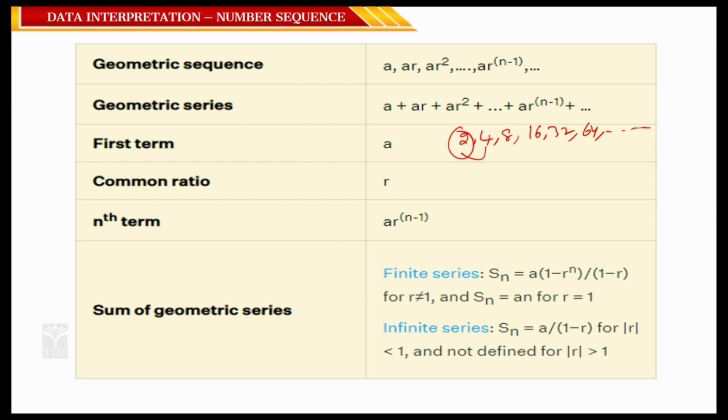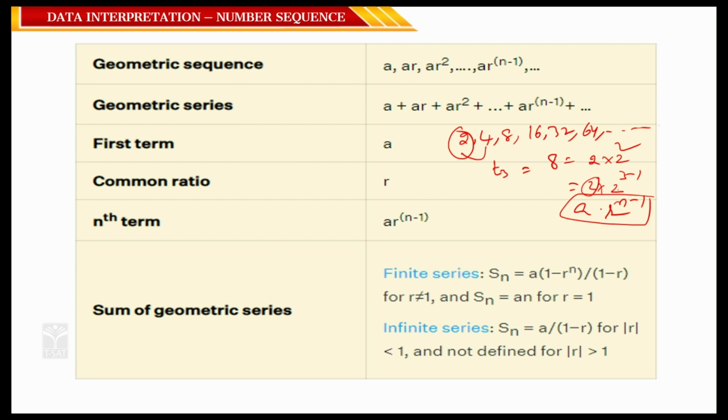Now, for example, you want to get the third term, T3. So, 8, correct? You can write 2 times 2 squared, or you can write 2 times 2 to the power of 3 minus 1. Here 2 is A, of course 2 is R, 3 is the third term, so n minus 1. So, this is the nth term of a geometric progression.